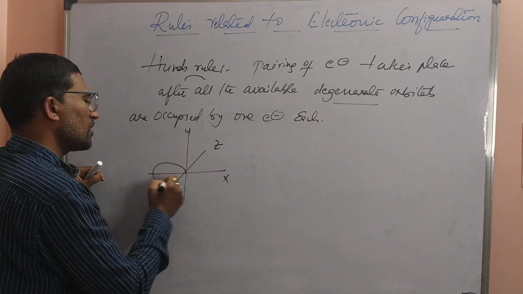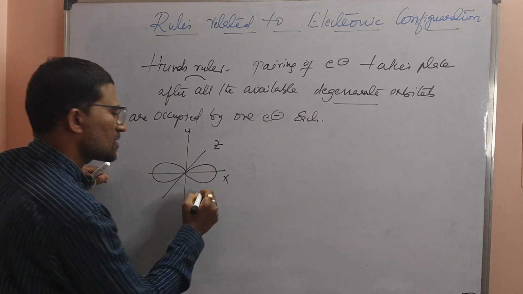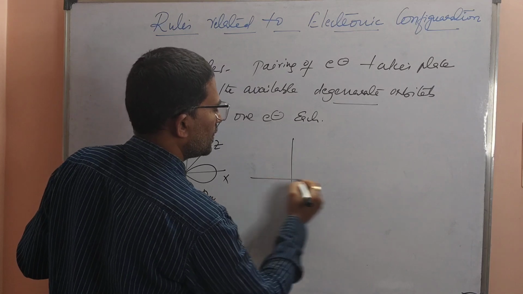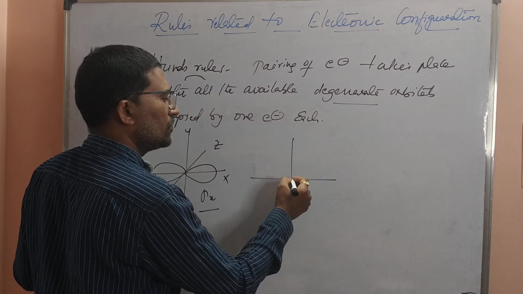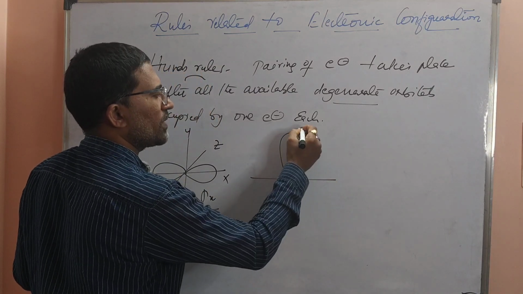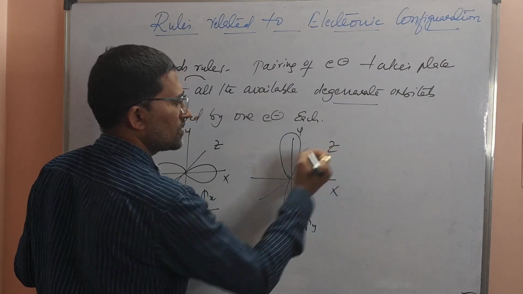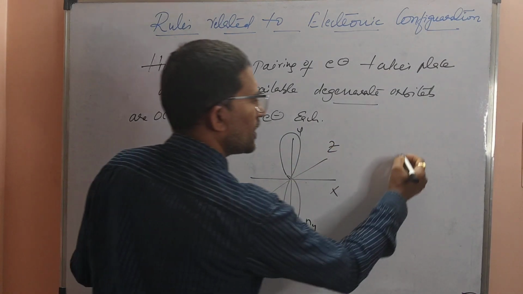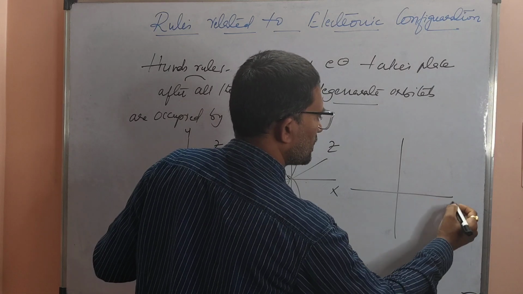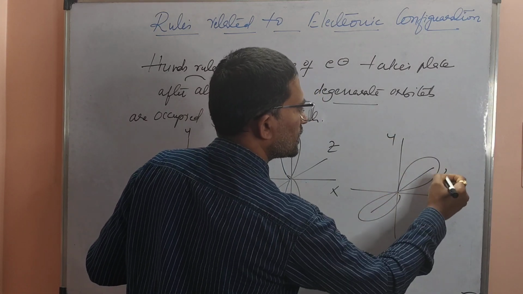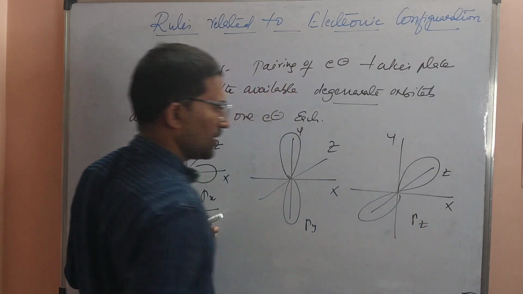If the dumbbell falls on the x-axis, this is called px. This is the y-axis, this is the py orbital. And next, when the dumbbell is on the z-axis, this is called the pz orbital.